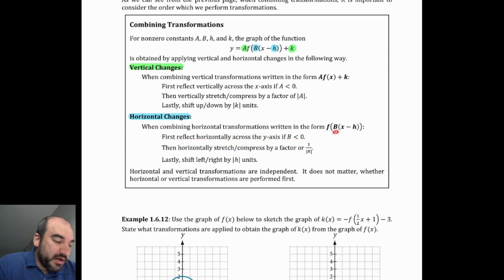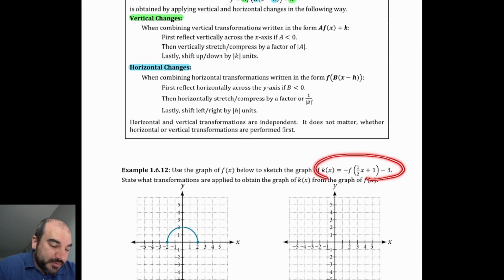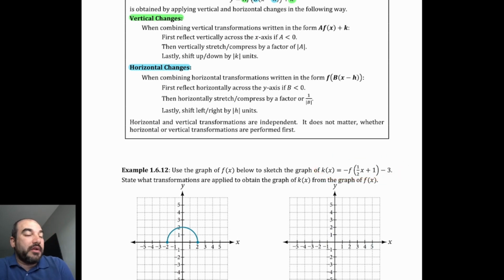And then, depending on whether b is greater than 1 or less than 1, we're going to stretch or compress by a factor of 1 over b, because the horizontal is kind of opposite. We do a reciprocal of b when we're doing the stretches and compressions. And then finally, the h is going to be a shift left or right. So putting all of those together, you can look at an expression like this and figure out all of the little things that are happening.